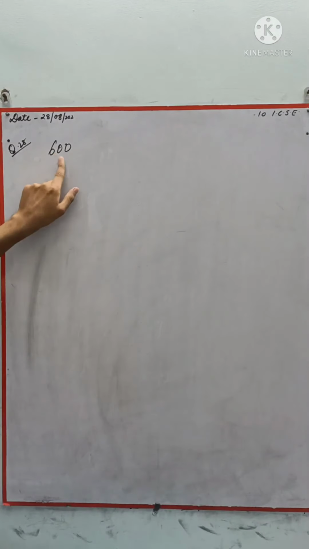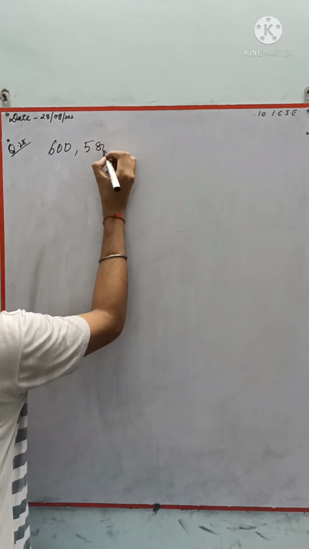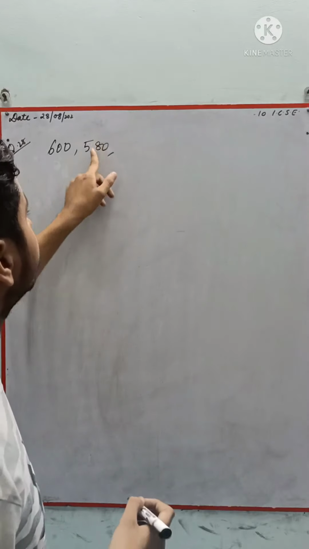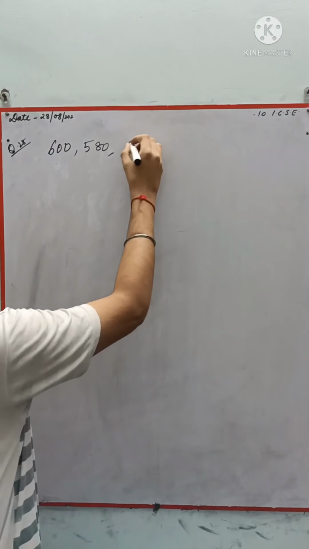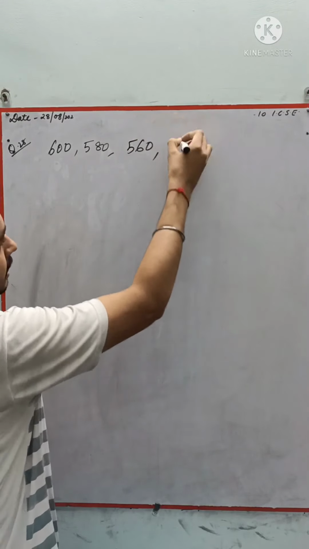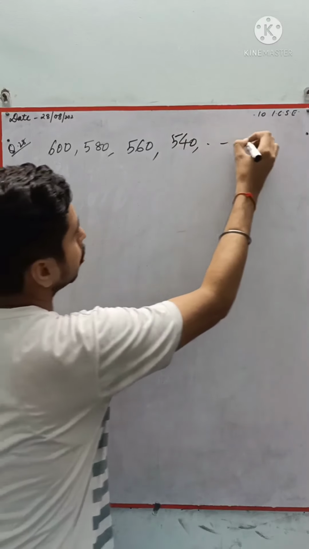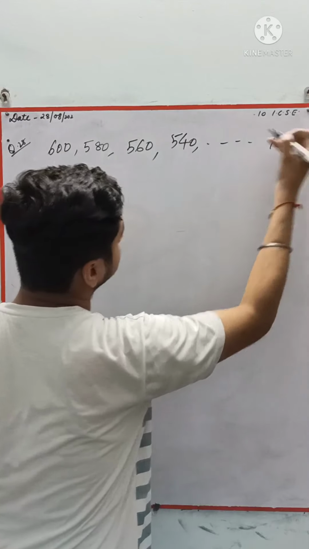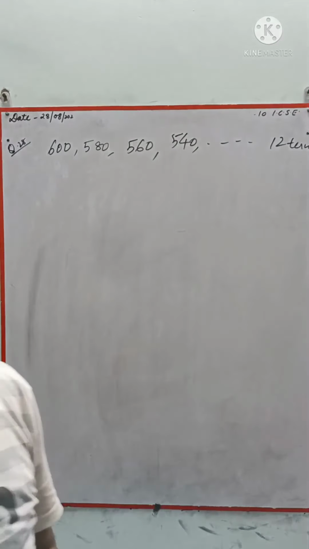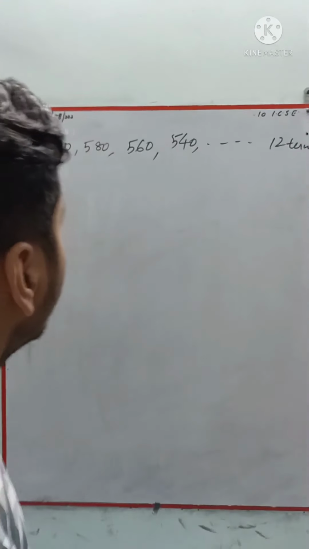Means if I subtract 20, the second month he saved only 580. The third month he saved 560, then 540, and so on up to 12 terms. Why? Because in a year there are 12 months.